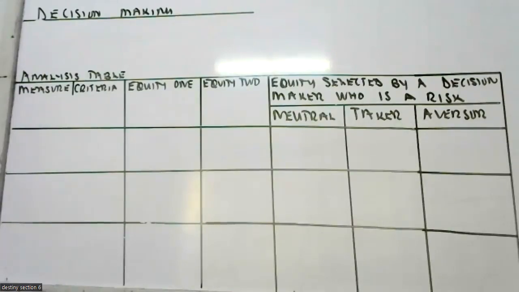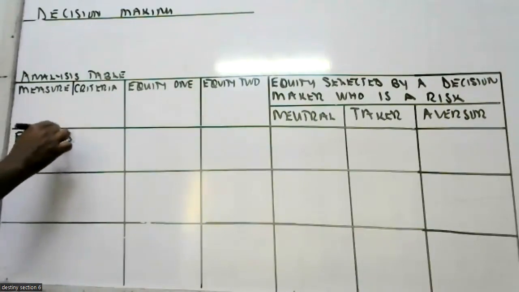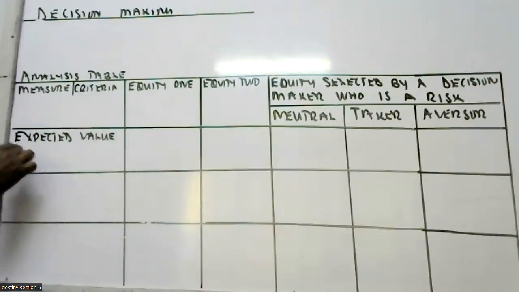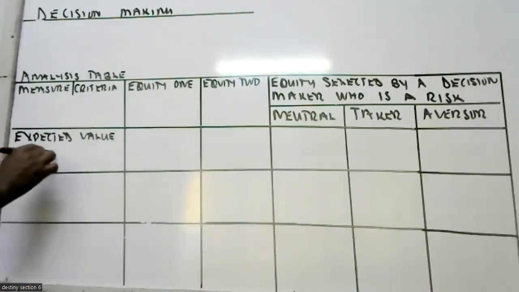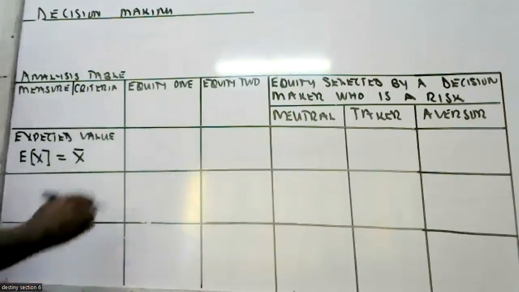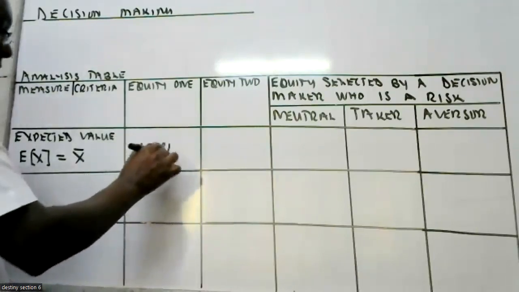Okay, so let's start with the expected value. And remember, the expected value is normally written like this, which we also say is our X bar. Now, the first equity has a return of 12%.